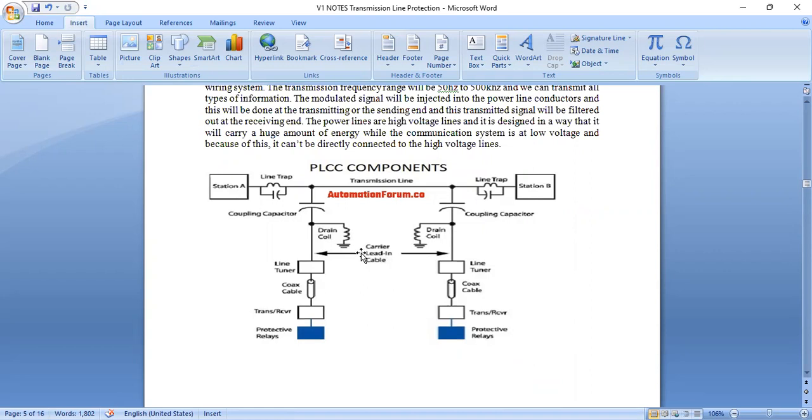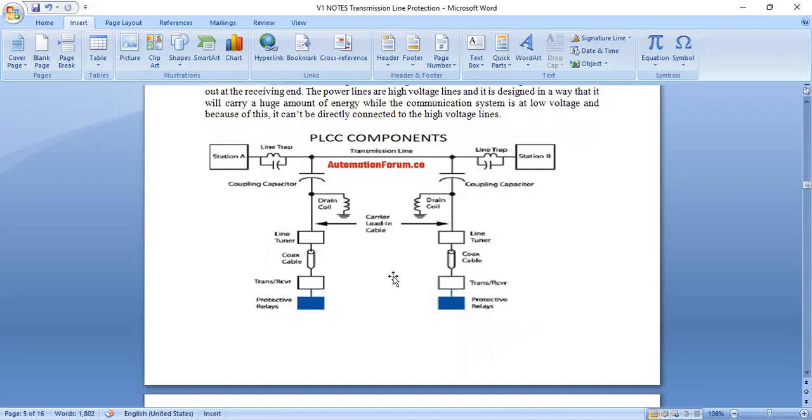There are two channels: first is the carrier current channel, and second one is the microwave channel. The frequency range of the communication signal is between 50 kilohertz to 400 kilohertz. That means communication is possible by these two channels.